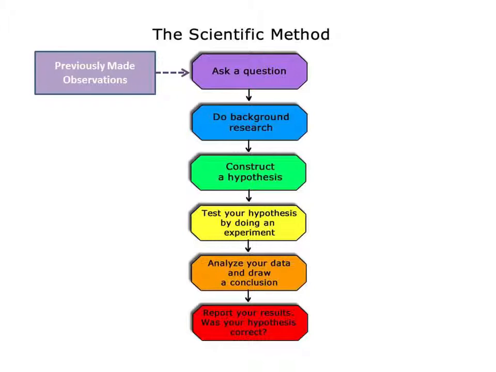Hypotheses that don't meet those criteria are not good hypotheses, right? For example, let's look at something like this. If I make a cake, she will love me. Or if I buy her a ring, she will love me more. There's no real way to test the amount of love, right?